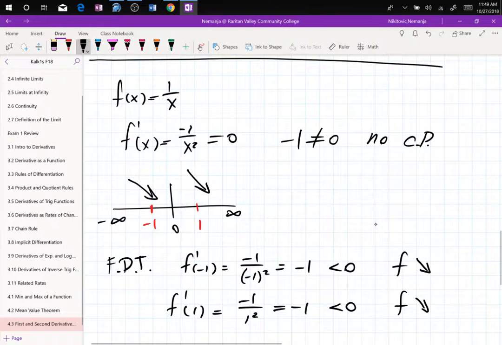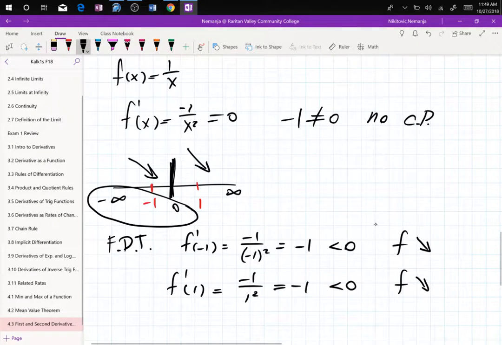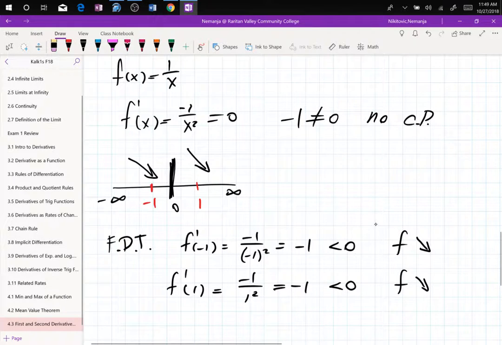We have a partition for the vertical asymptote, giving us 2 different regions. -infinity to 0 is the one region with a test point of -1. Then we test -1, and we got decrease because it was less than 0.